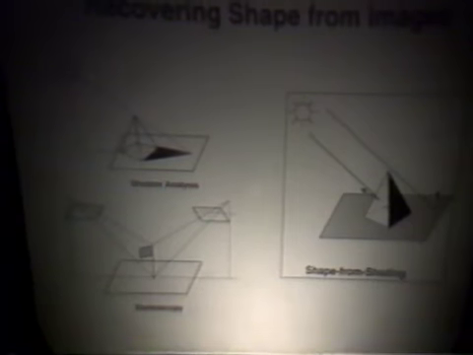So these are a couple different ways of recovering shape from images. One way is shadow analysis. If you illuminate an object from the side with a light source, it casts a shadow, and by tracing the silhouette, you can recover some of the shape information. But it's only limited. A more standard way of doing shape reconstruction is using stereoscopy.